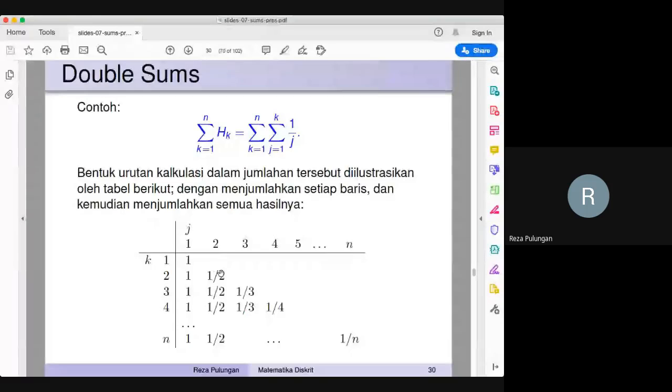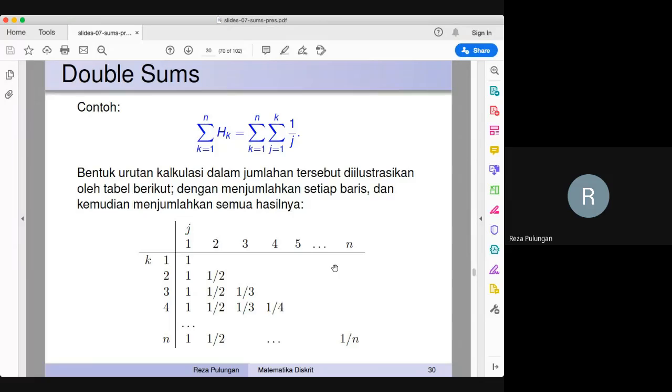Okay, let's continue. When k is equal to 3, then j can have value 1, 2, 3. When j is equal to 1, this value is 1. When j is equal to 2, 1/2, this is 1/3, and so forth, and you see the pattern of this formula here.